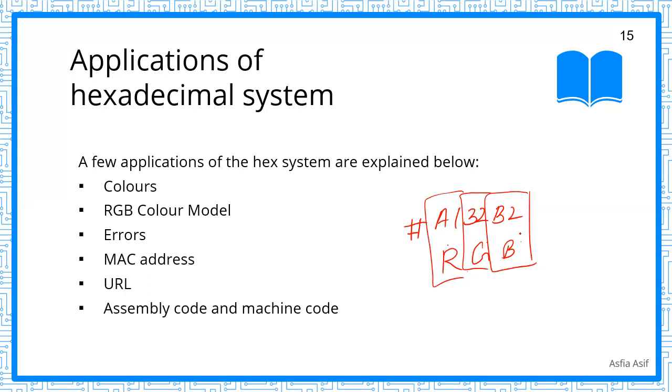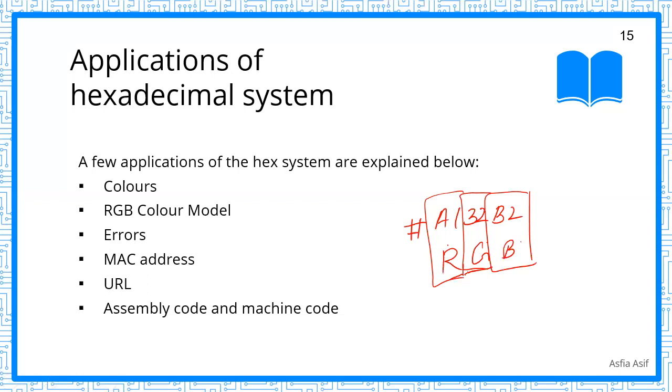This is the most commonly used and easy to use, you can say convenient. Colors, RGB color model, errors, as I said, the memory dumps or the errors coming in the hardware are represented using the hexadecimal numbers. MAC addresses. MAC addresses are the manufacturing code for any kind of internet device.